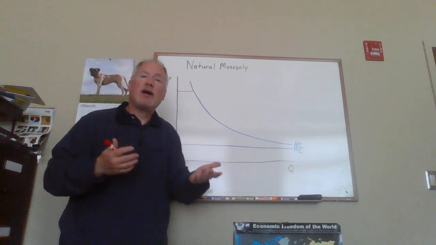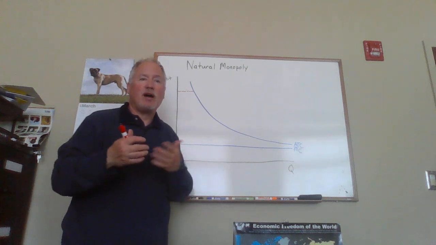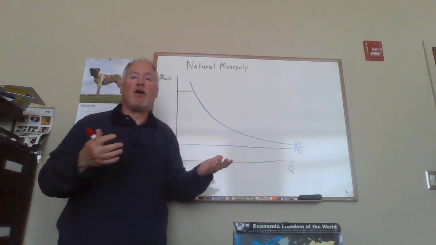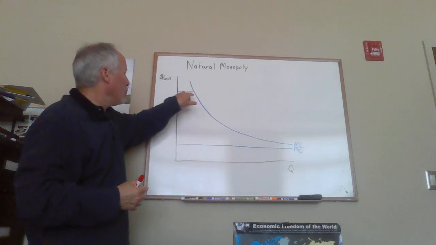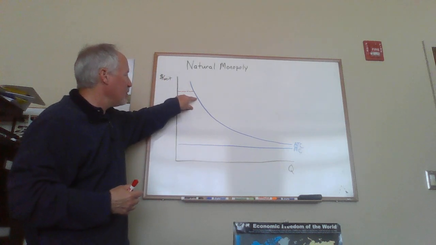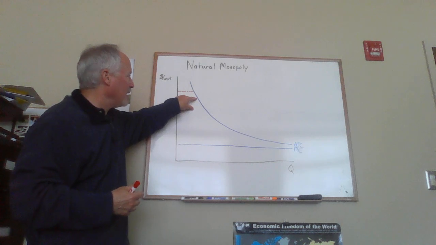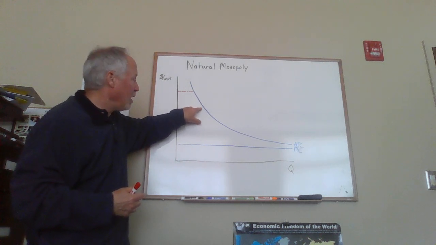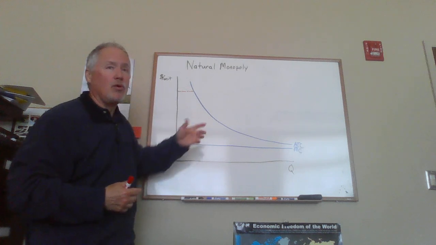So as one firm gets a little bit larger, they can lower their price. And if this product is, say, a homogeneous product from the consumer standpoint, consumers will start flocking to the one that offers the lower price. So if one firm gets a little bit bigger, they now have lower costs, they can offer a lower price. That's going to allow them to get even bigger. That means even lower costs, and then lower costs and lower costs.